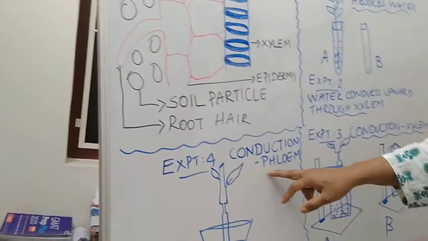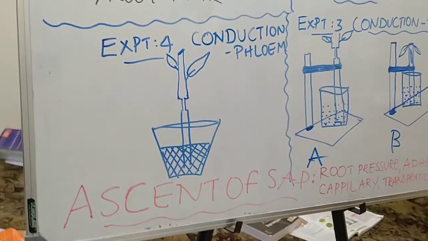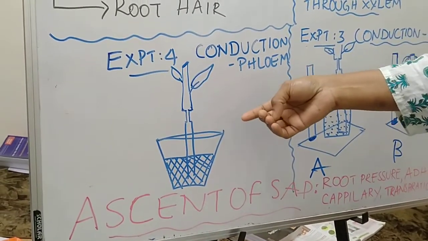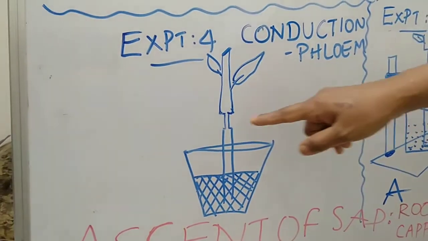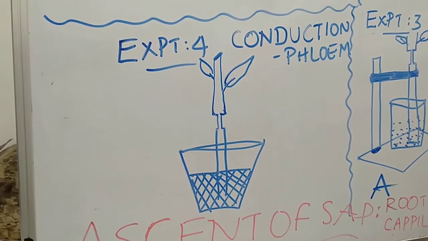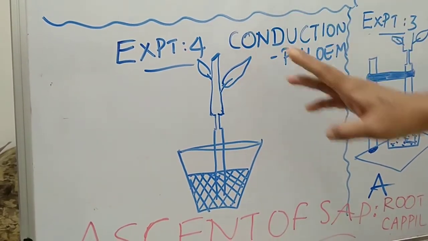Now, the fourth experiment, I have taken a potted plant. Either I have to take a potted plant, or a small plant, or I can take a small twig of a tree. There also I have to remove the outer tissues, epidermis, cortex, and the phloem.